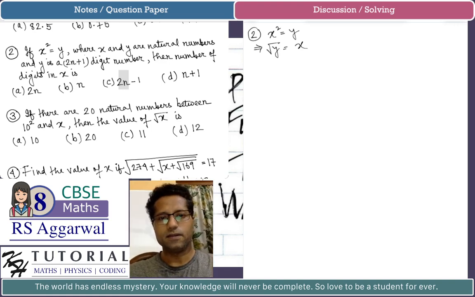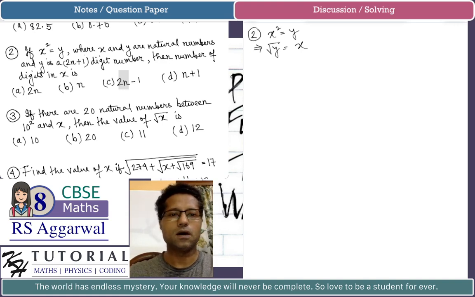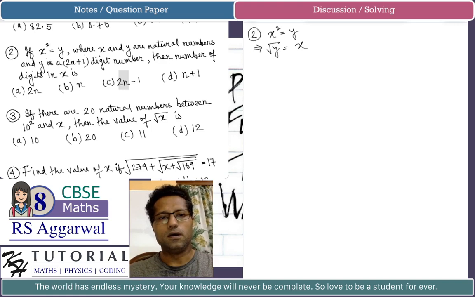Now it is given that y, the perfect square number, has 2n plus 1 digits. Then the number of digits in x is. Now one piece of information is missing in this question.